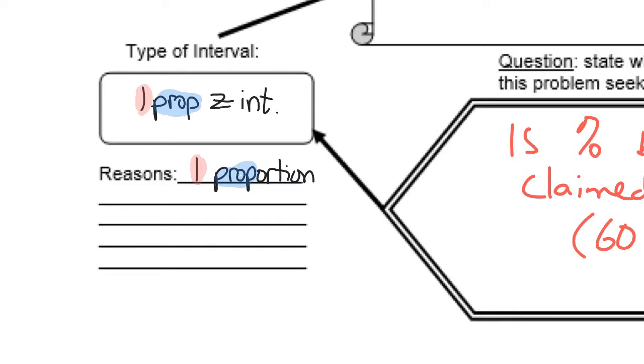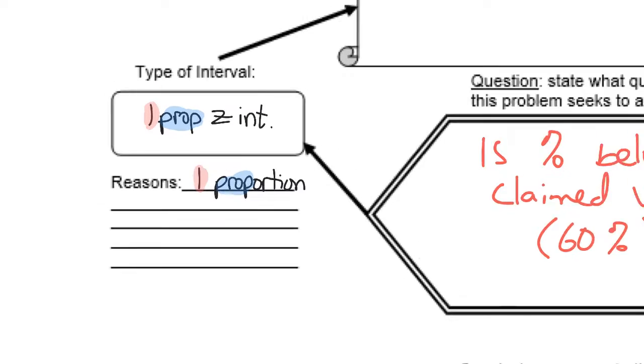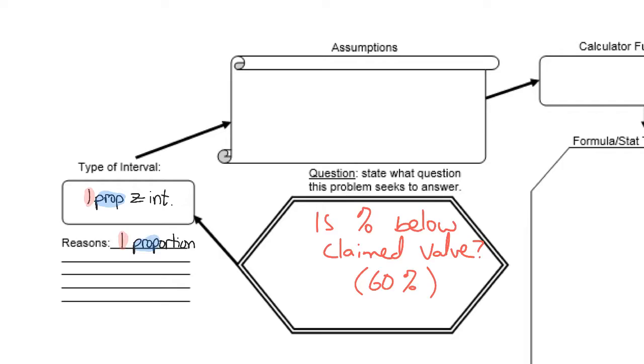And since there isn't any other choices that involve one prop, that's it. So it's basically a one prop z test or z interval because there's one prop, one population proportion. All right. So mind officially blown, I guess.